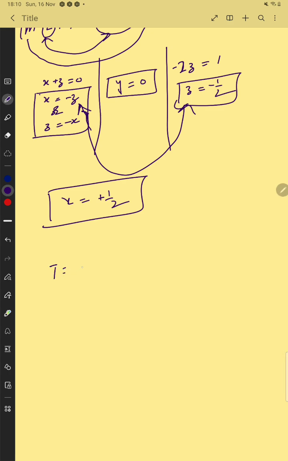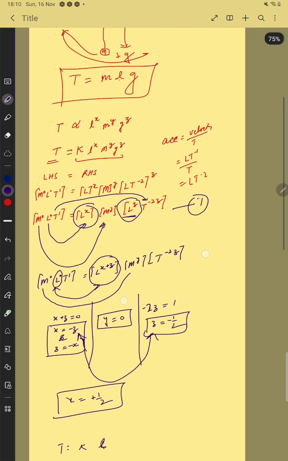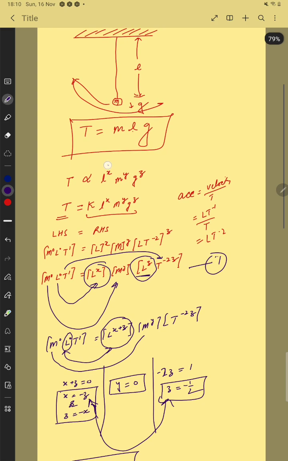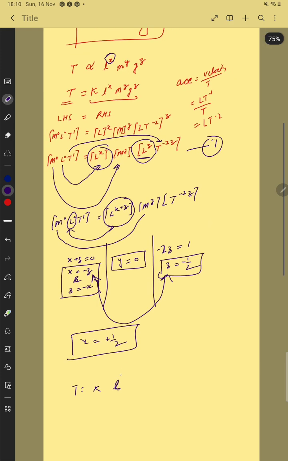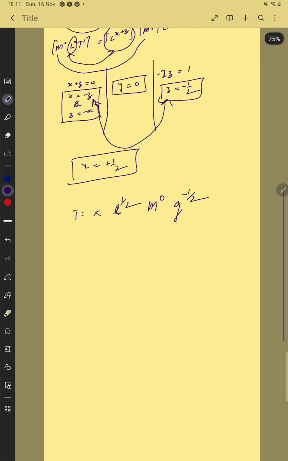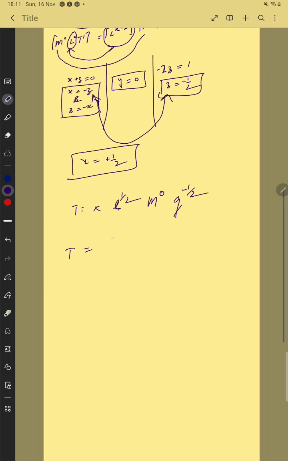Time period is equal to k, L power x, where x is 1 by 2, then mass power y, where y is 0, and then acceleration g with z equal to minus 1 by 2.